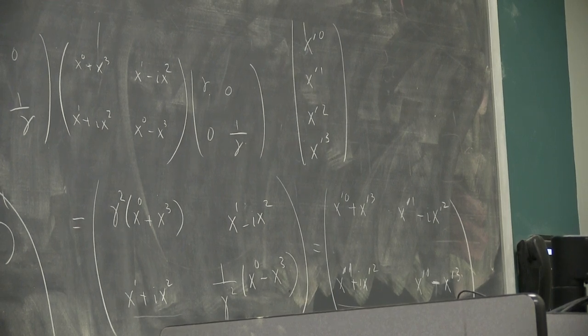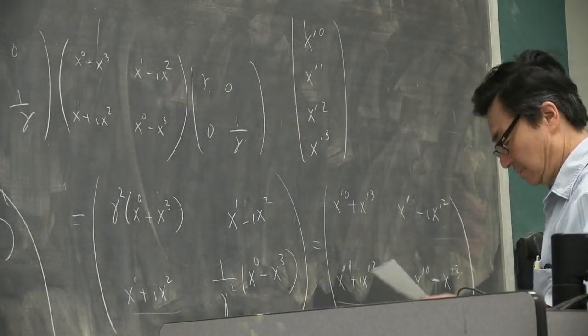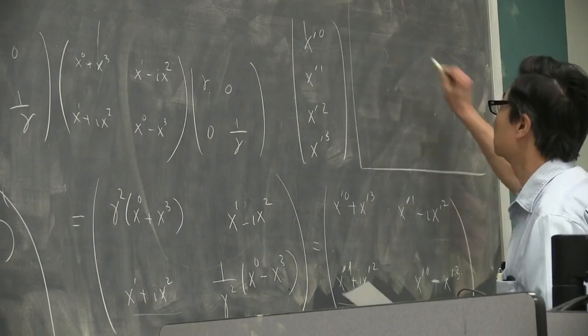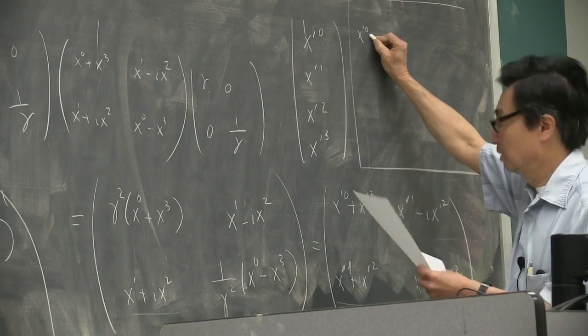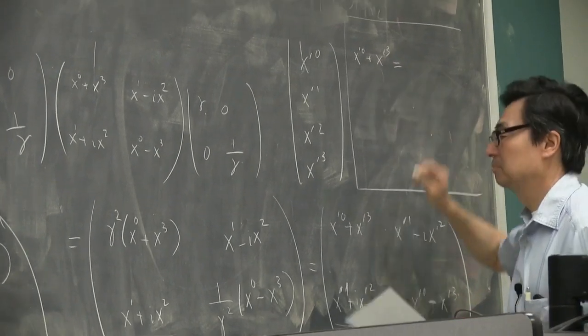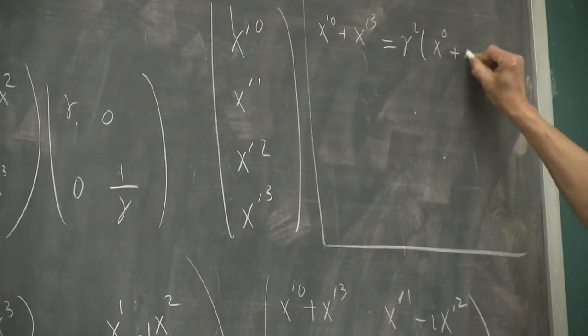You see, it mixes them together because, in fact, you can write down the transformation equations, which when you equate these, so you have x prime 0 plus x prime 3 must be equal to gamma squared, x0 plus x3.